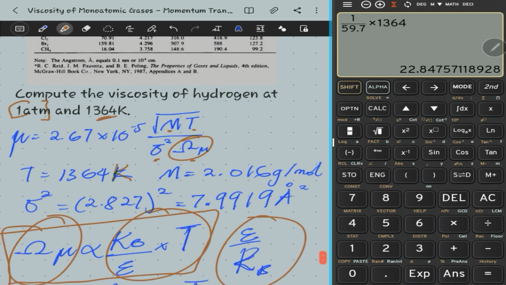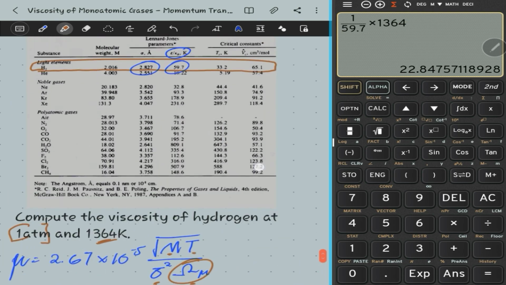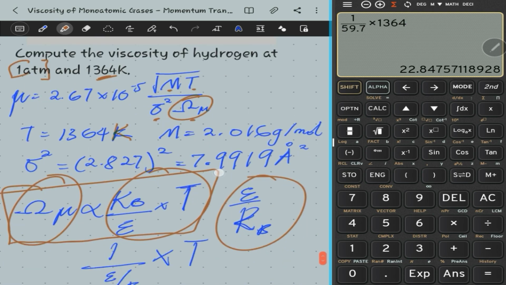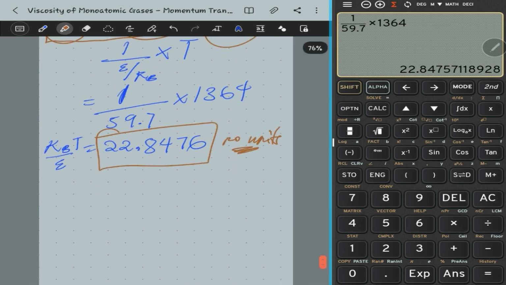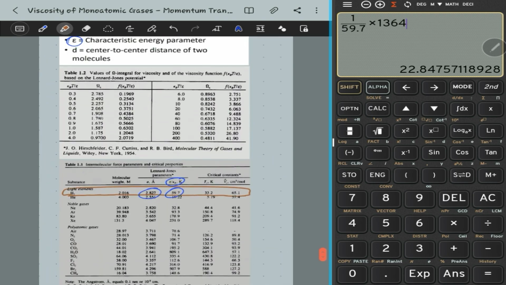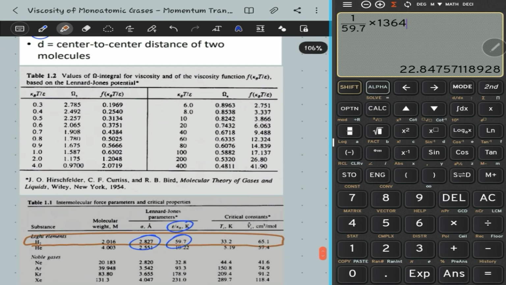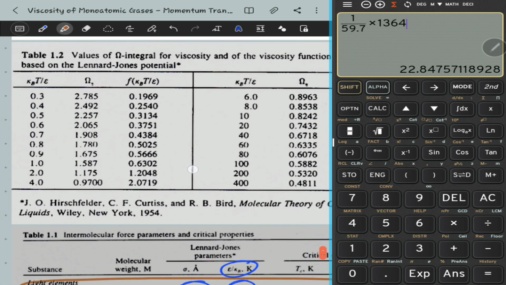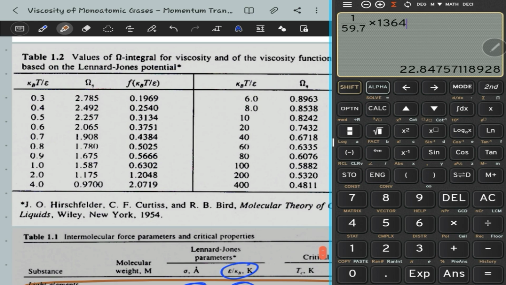So we are going to the table. We have the KBT over the energy parameter, and for that we have 22.84. That's where we do something we call extrapolation. We are going to go through it and see what's actually happening. We know that the value we are looking for is 22 point something, which will be about here.